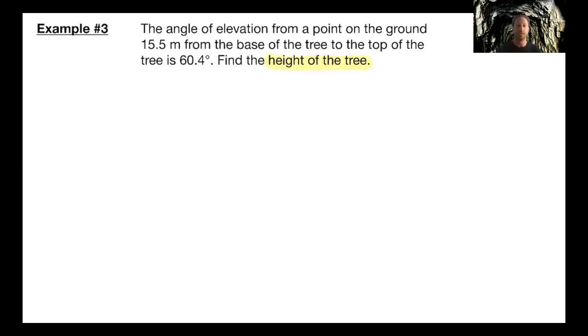So when drawing this, I know that I was given an angle of elevation from some point on the ground 15.5 meters from the base of that tree. So when I go to draw this, I'm going to start with that line. And the angle of elevation, remember, from some point is going to be looking up to this tree.